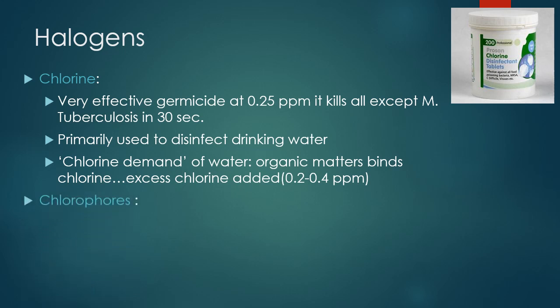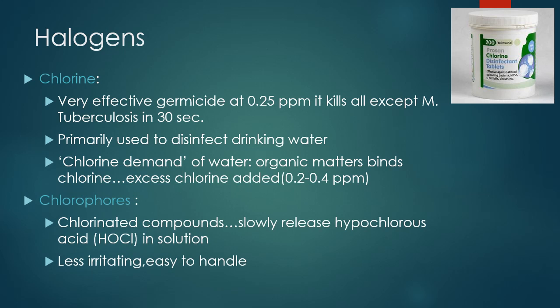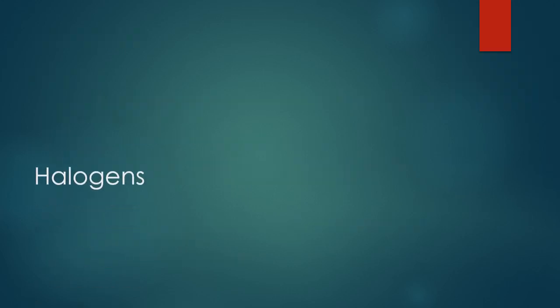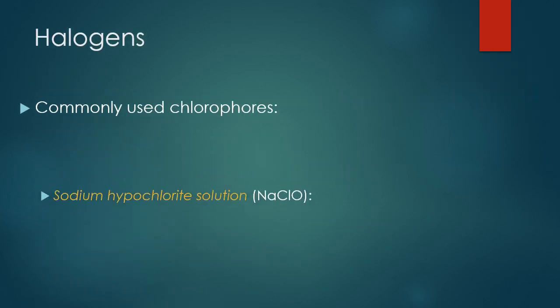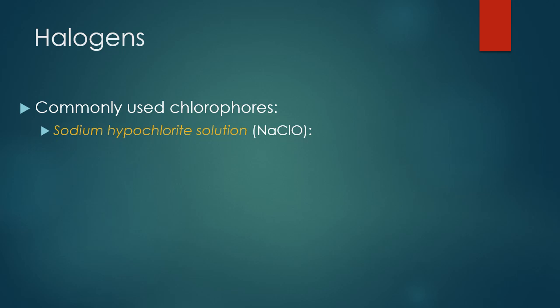Next are chlorophores. These chlorophores are chlorinated compounds which slowly release hypochlorous acid in solution. And these agents are nowadays more preferred because of their less irritating nature and they are very easy to handle. Commonly used chlorophore is sodium hypochlorite solution.